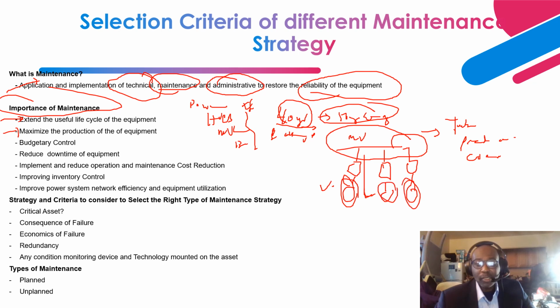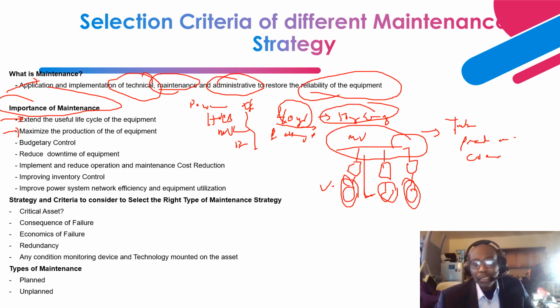So we are ensuring the reliable operation of these motors because, if there should be a fault condition because of inadequate maintenance, then the medium voltage switchgear can fail while it is in service. A typical example is if you have a lot of contamination on the insulation system of the bus.